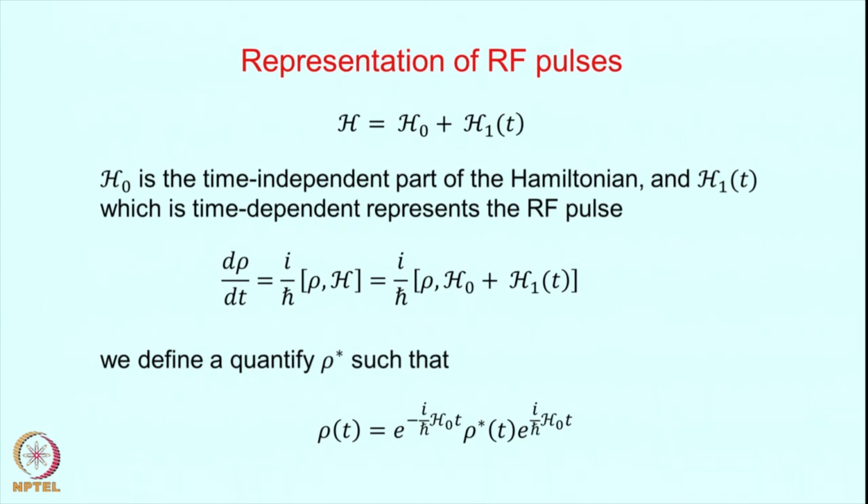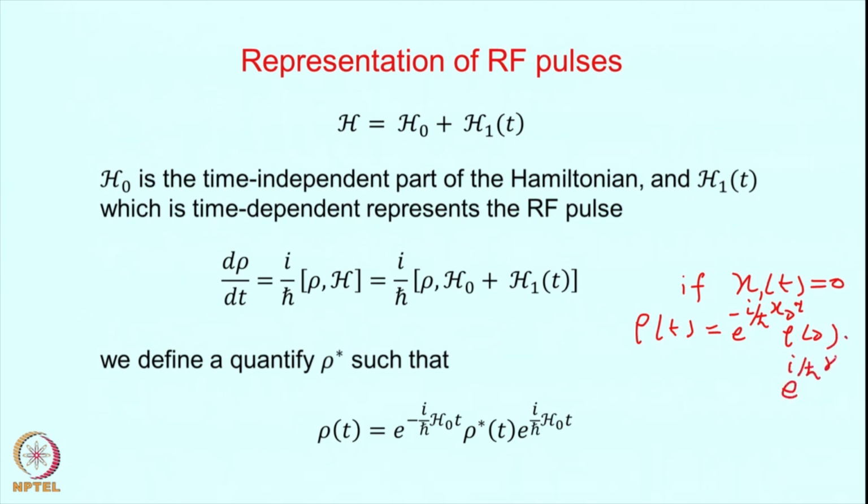So maybe I shall write here for quick reference. When H1(t) was 0, then rho of t was e to the minus i by h cross H0 t, rho of 0, into e to the i by h cross H0 t.